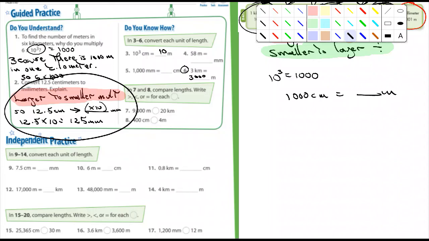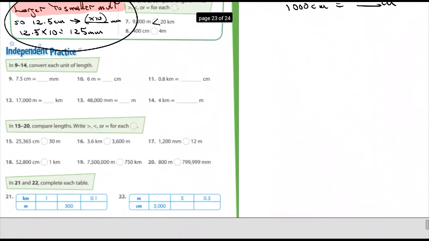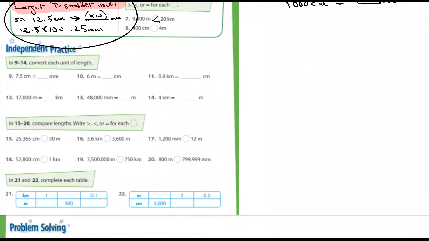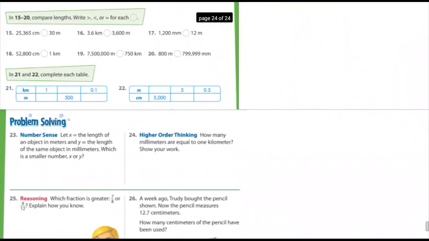All right. So that would be 9 kilometers. Is that greater than, less than, or equal to 20? Less than. All right, I think if you guys keep referencing that chart, you should be good for the rest of these.